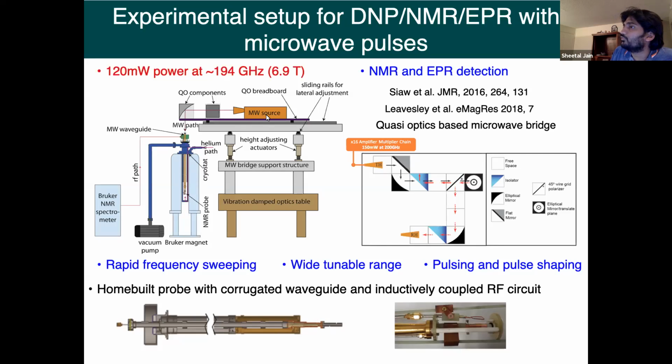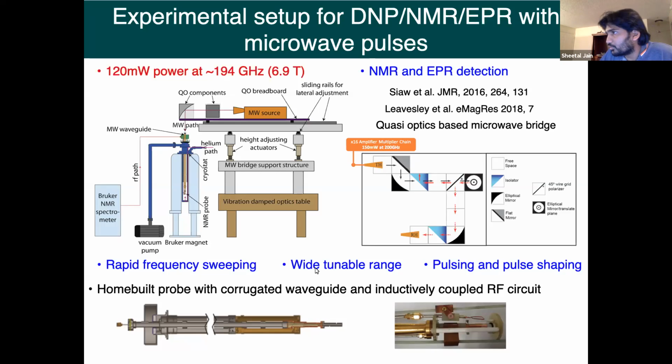Then for the microwaves, we have a microwave source, and the microwaves go through a quasi optical system and then irradiate on the probe that is equipped with a corrugated waveguide to transfer the microwaves to the sample. So this system has the advantage that we can rapidly switch the frequency of the microwaves.